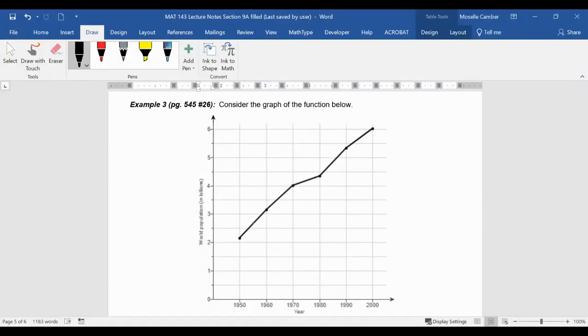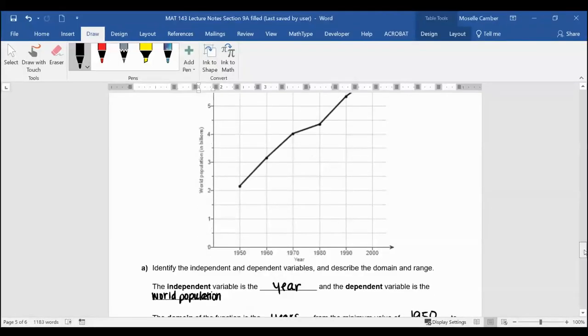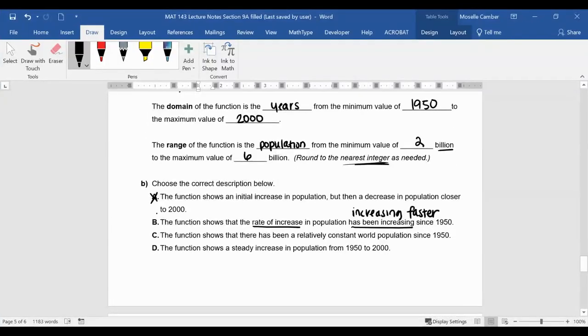It looks like between 1950 and 70, it's about the same, but then it doesn't increase a lot. Then it increases more, but not a whole lot different than it increased here, about the same. So it doesn't look like it's been increasing the entire time. So we're going to say no.